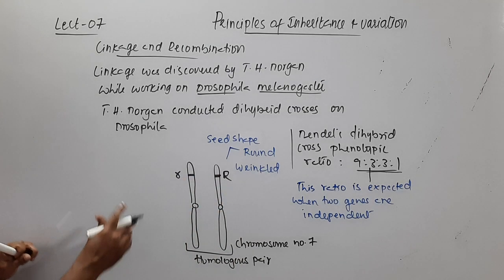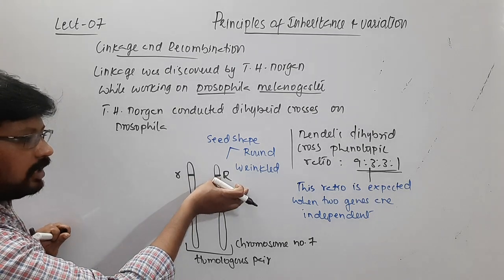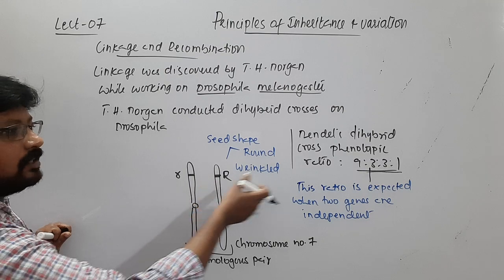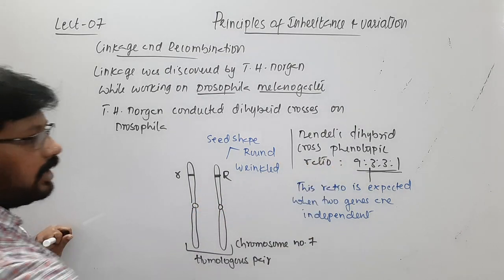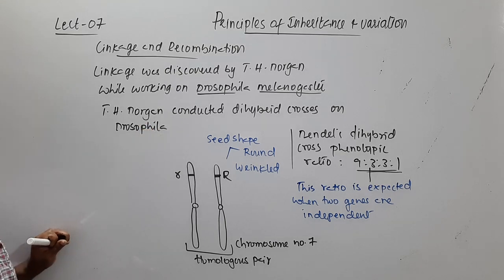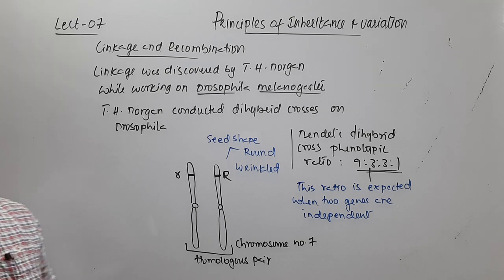If they are present on the same chromosome, very close to each other, then you will not get this ratio. You will get a different ratio, and that is what Morgan got.